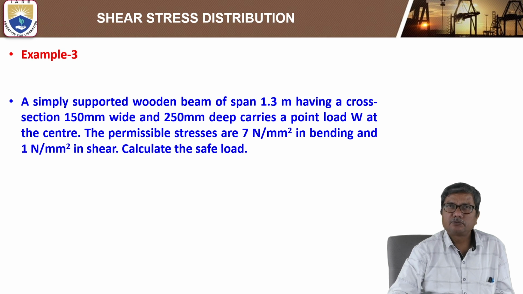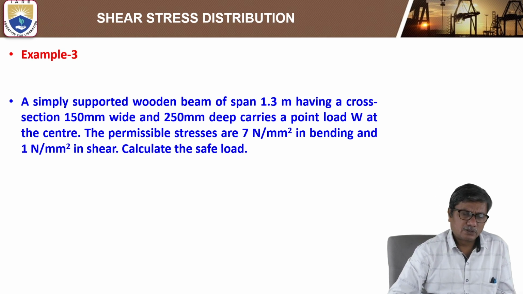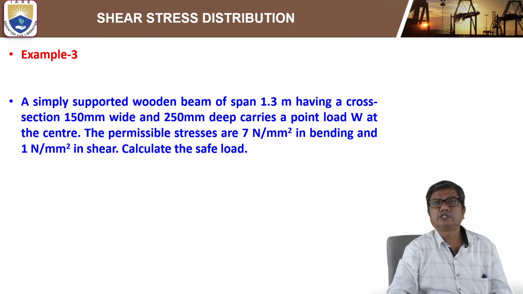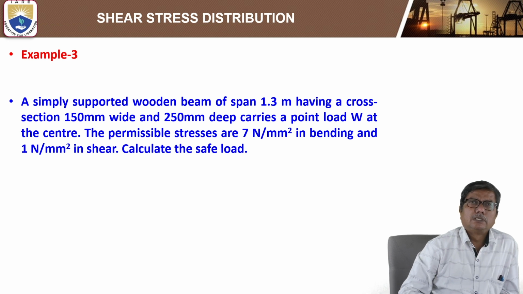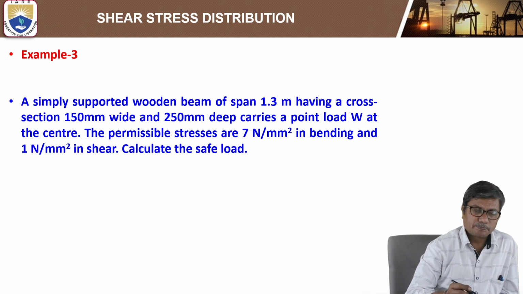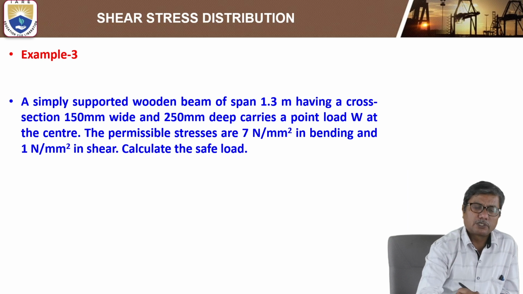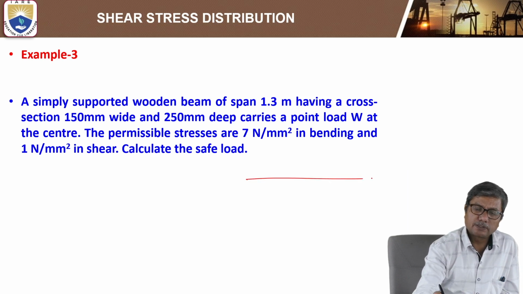Calculate the safe load. Here we will find the safe load based on limiting bending stress and limiting shear stress. The least of the two will be the limiting safe load.